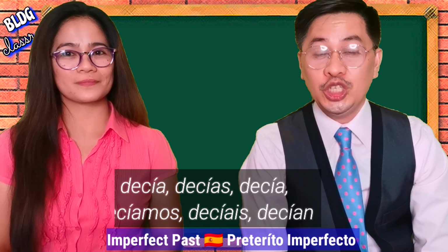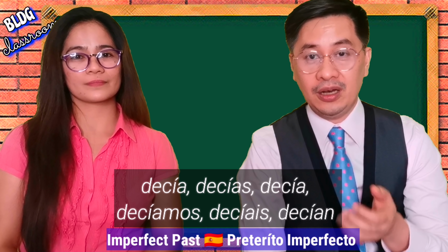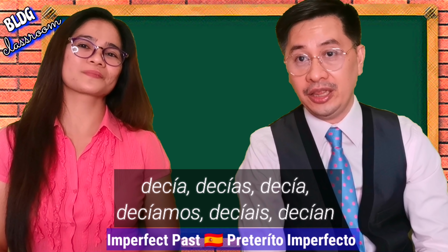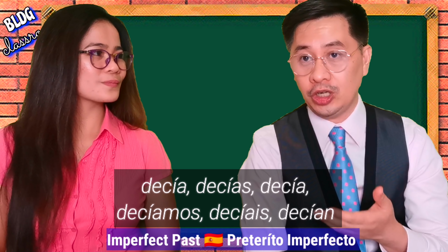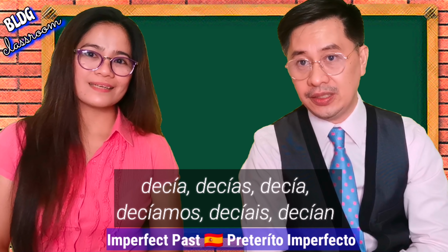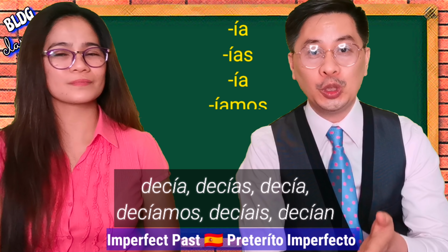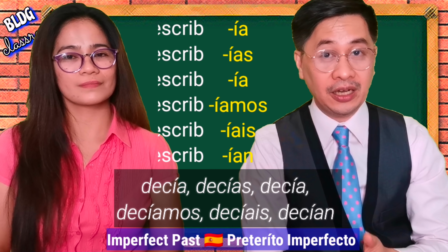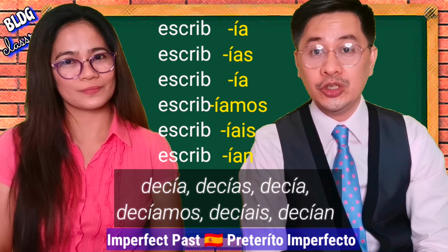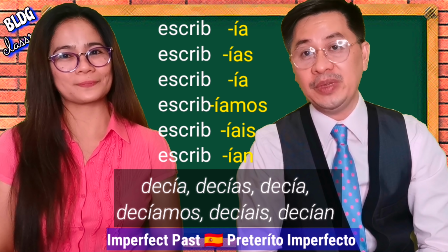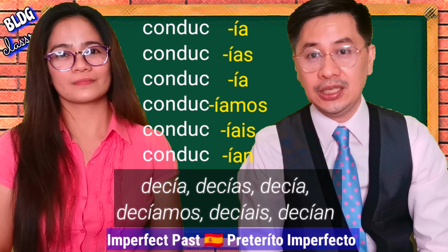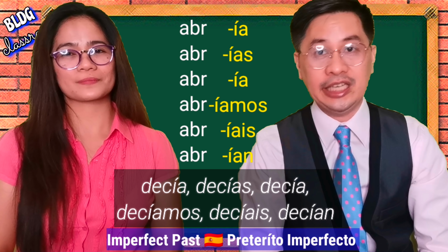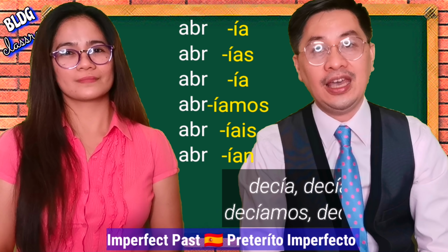Decían. Do you notice something with the ER and IR ending verbs? Are they almost the same when we conjugate their imperfect past tense? Sí. So for regular ER and IR ending verbs, we are going to use the same endings to form their imperfect past tense: ía, ías, ía, íamos, íais, and ían.